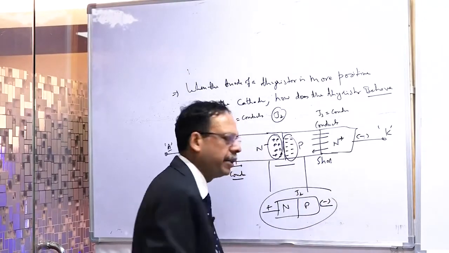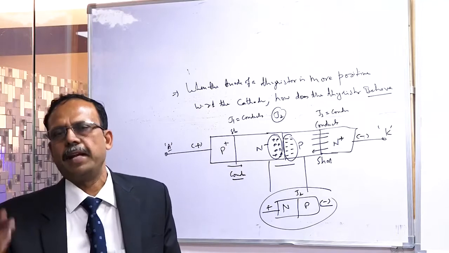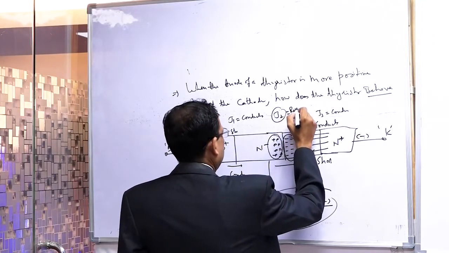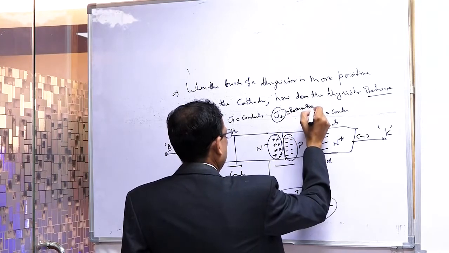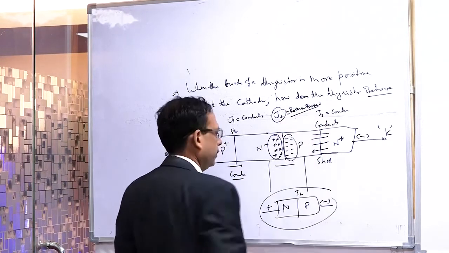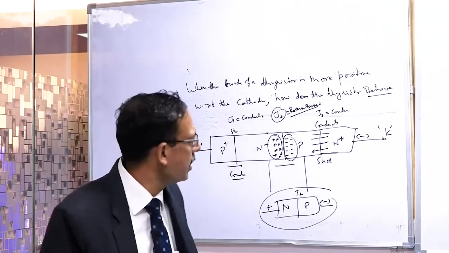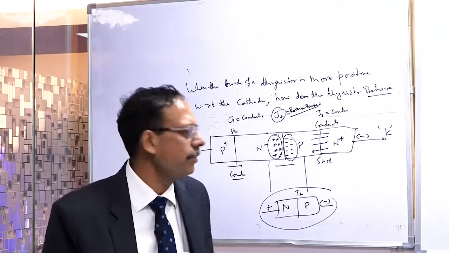So what happens to J2? Yes, correct, it is reverse biased. Is it clear? These are the typical questions which are asked in various examinations.